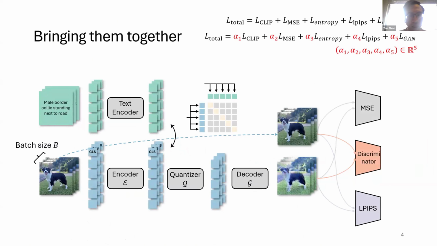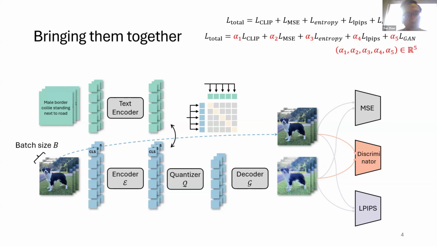Now we have an encoder-decoder with the quantization in between, so we still have the autoencoder architecture. While training this autoencoder, we also have the text-image alignment loss.